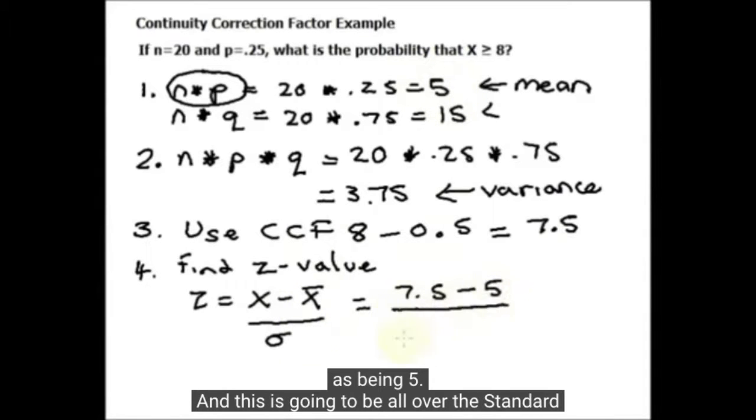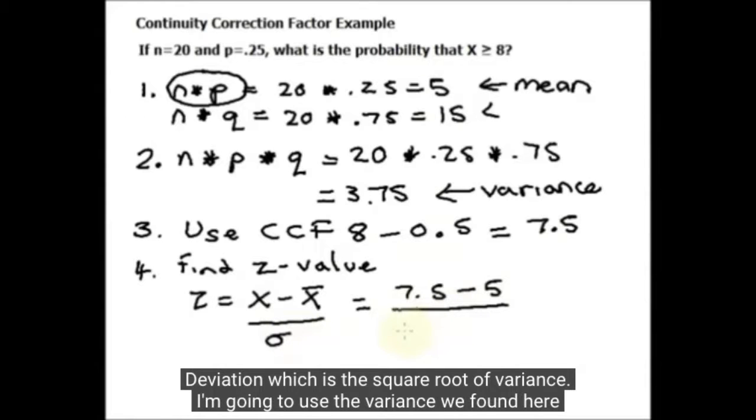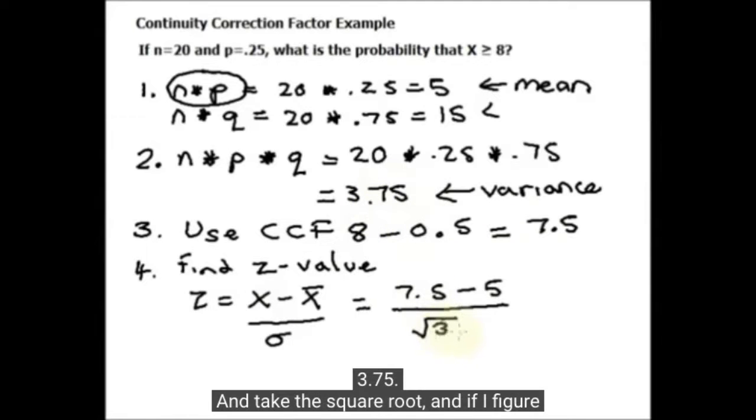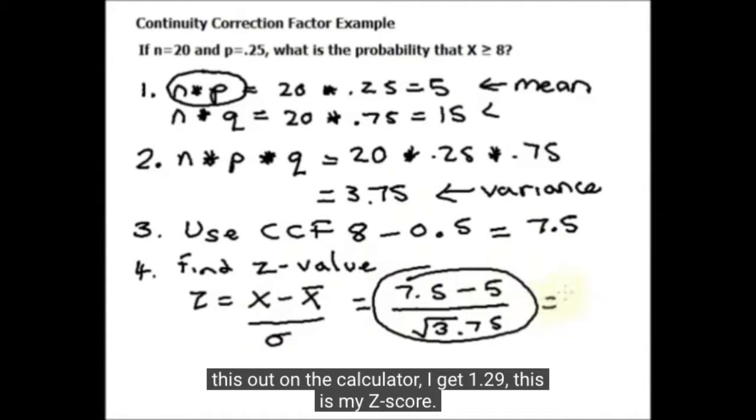And this is going to be all over the standard deviation, which is the square root of variance. So I'm going to use the variance we found here, 3.75, and take the square root. And if I figure this out on the calculator, I get 1.29. This is my z-score.